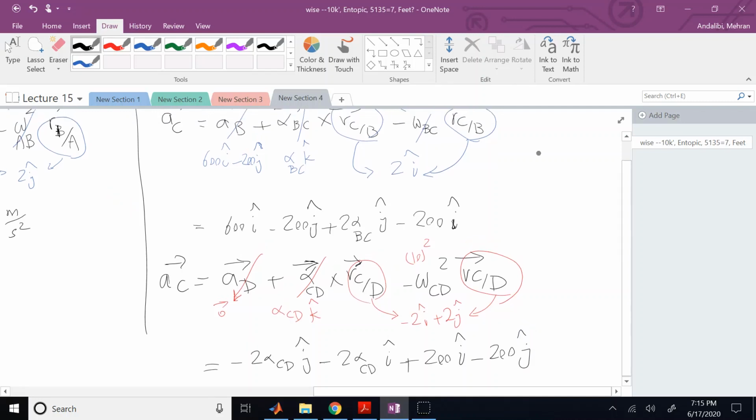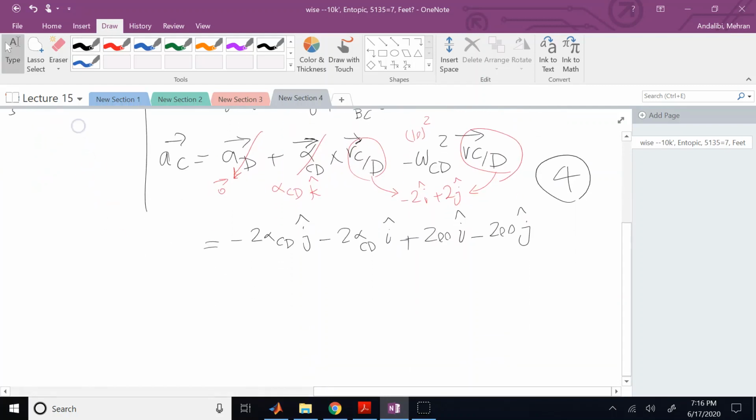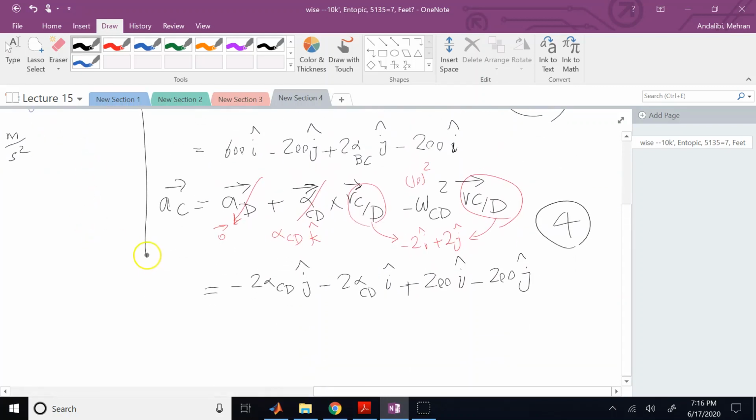And now you call this one equation 3, and you call this one equation 4, and you say in 3 and 4, they're both A of C, so these two vectors have to be the same. So you say from 3 and 4, I have i's to be equal. What do you have on the top one?